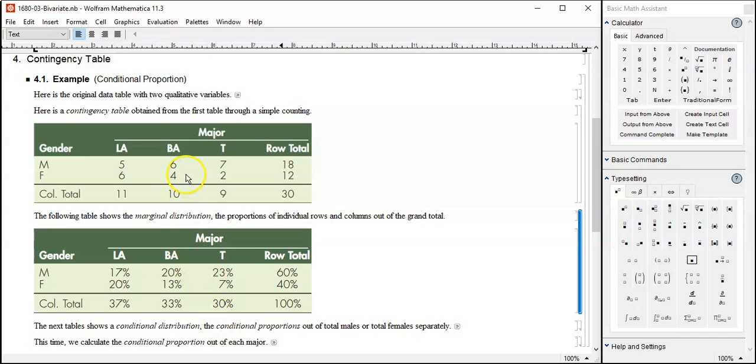And then, for example, 6 male business students out of total 30, so that's 20%. And then 2 female technology students out of total 30, so 7%, and so on and so forth. All these numbers are based upon the denominator of 30.